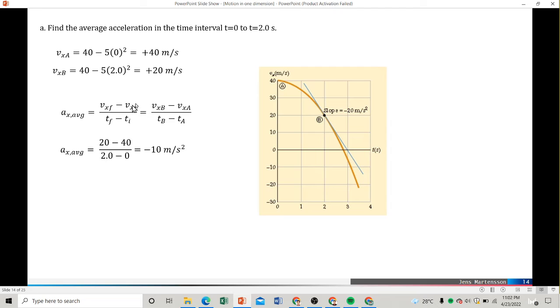Now we already have the values for Vxa and Vxb, so we can directly substitute. We have 20 minus 40 over 2 seconds, which is our final time, minus 0, which is our initial time. So we get the average acceleration, which is negative 10 meters per second squared.